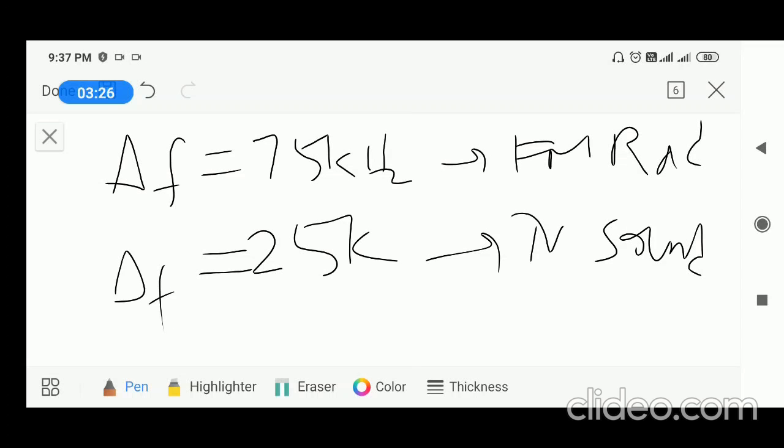So these are some of the formulae which are helpful for solving problems on frequency modulation. And one more thing, the modulation index is always more than 1. And power is always kept constant in case of FM.